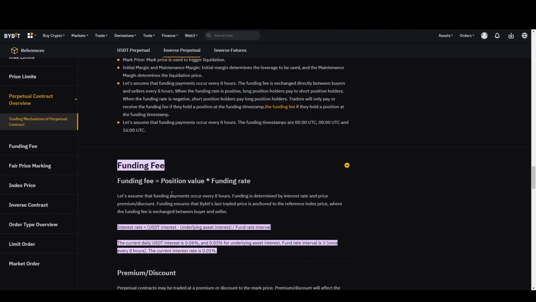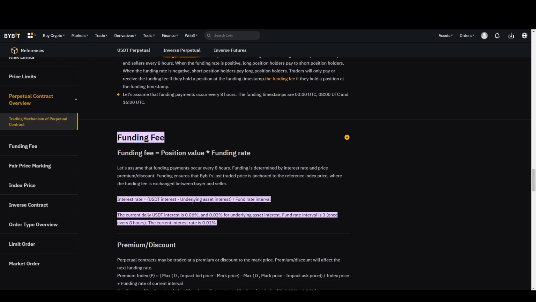Where is the funding rate? The current daily USDT interest is this, and 0.3 for underlying asset interest. Fund rate interval is once every 8 hours. The current rate is 0.01.